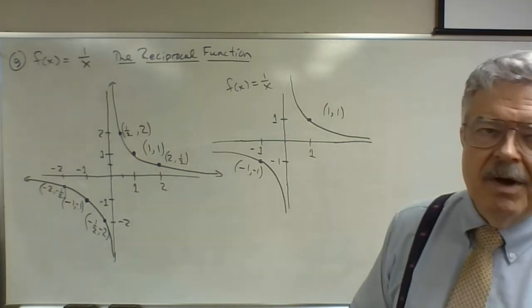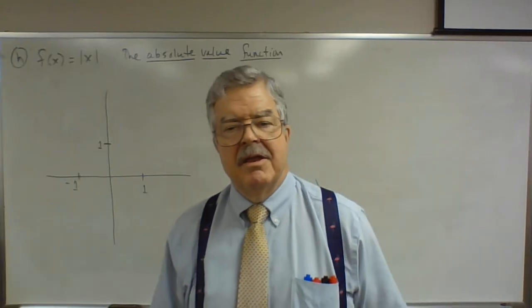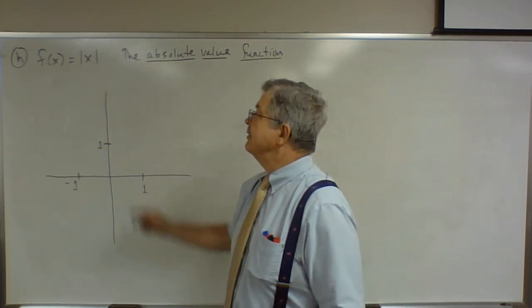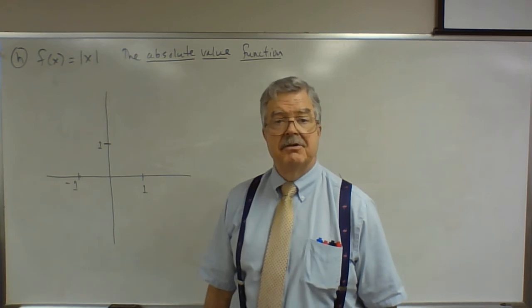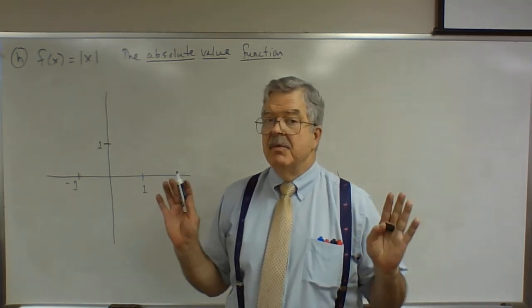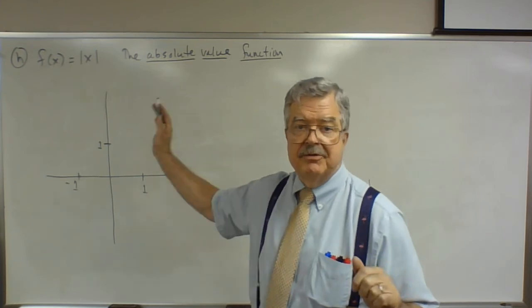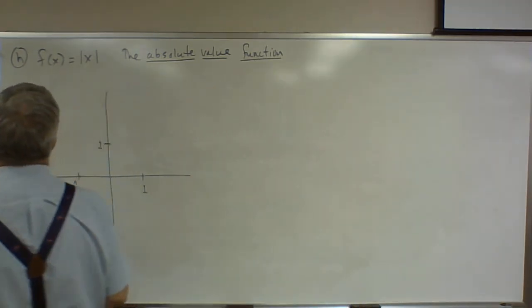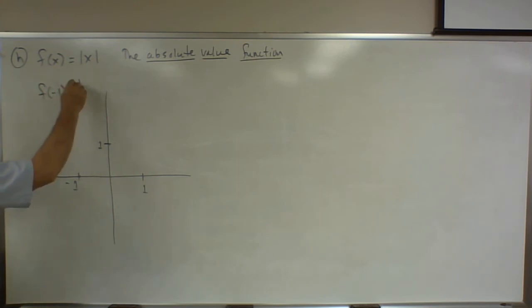And we got one more function to look at. Here's our last basic function, absolute value of x. And to do this, we take the 3 x values that we started with and just substitute them in for x. We'll start with f evaluated at -1.